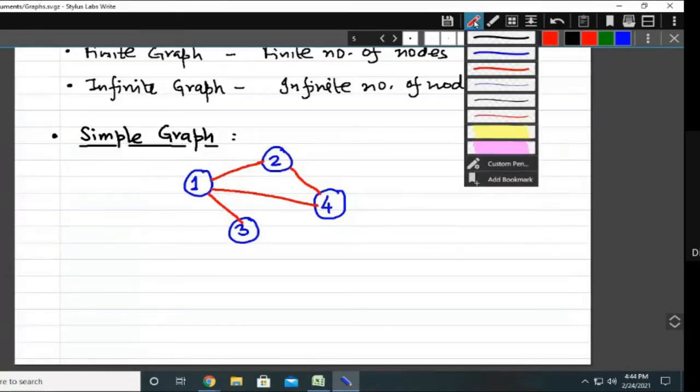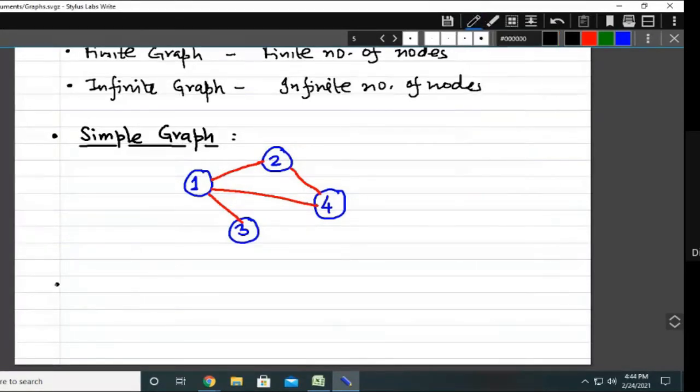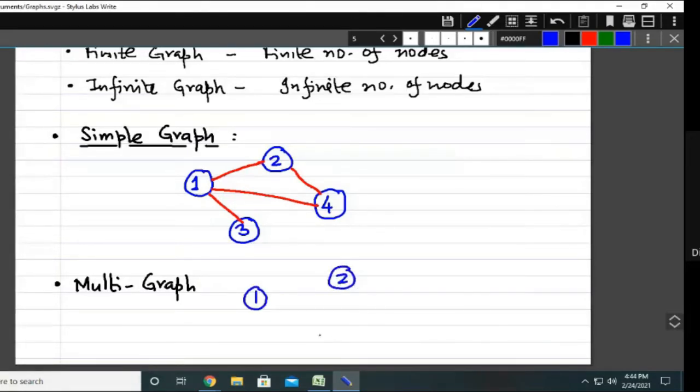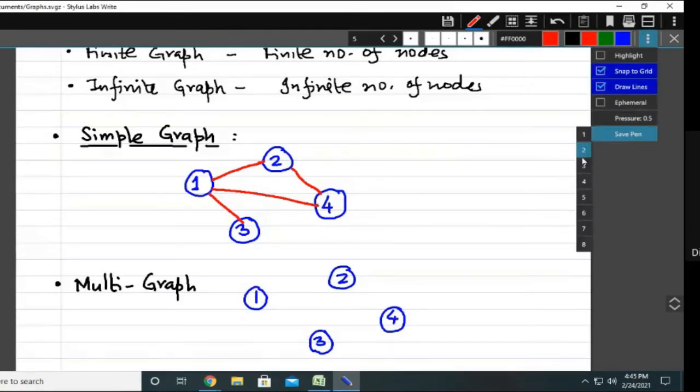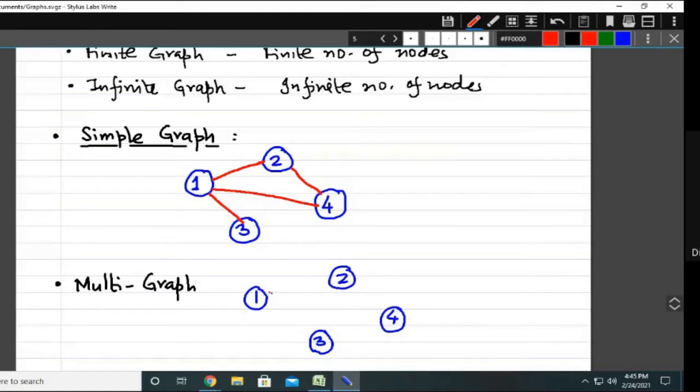Then what is the next version of that? It is called a multi-graph. What do you mean by multi-graph? Again, the same thing. You have, for example, node 1, node 2, node 3, and node 4.